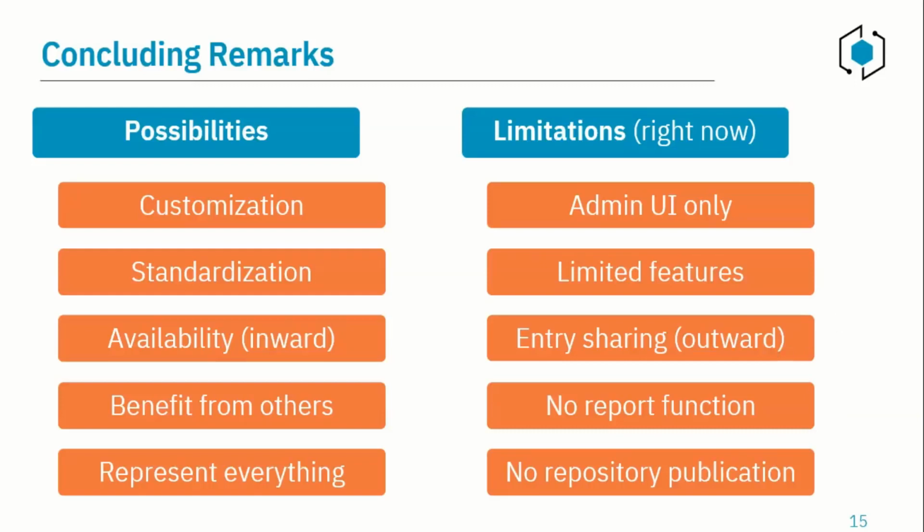The entry sharing, so if you have your generic elements in your ELN and want to share your results with somebody, you can easily do so with people working on the same ELN instance, because they also have access to your generic elements, but you can't simply share these entries outwards.